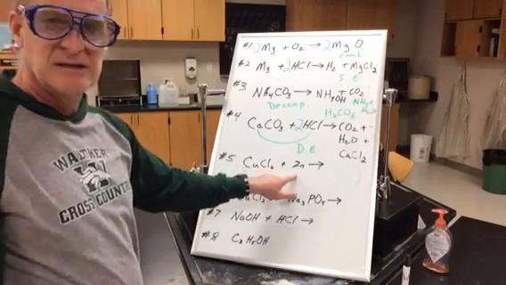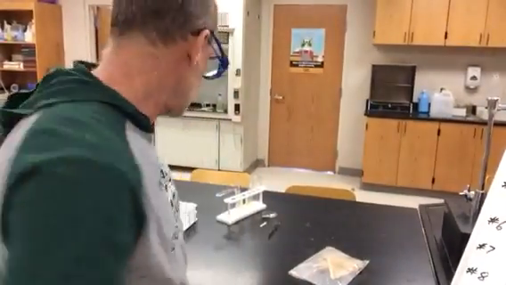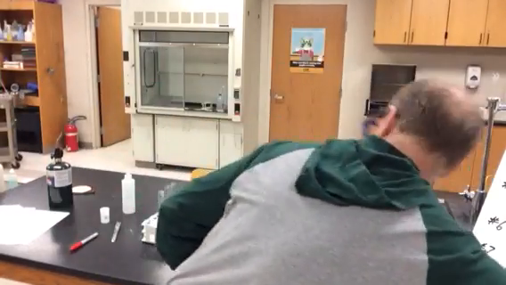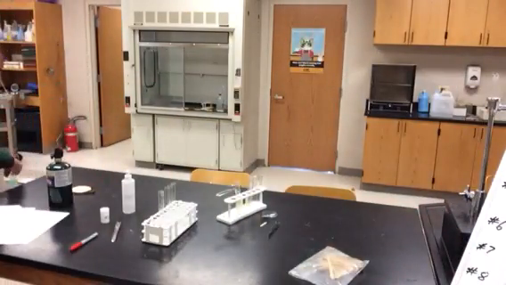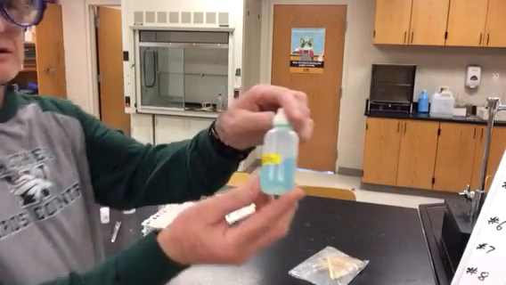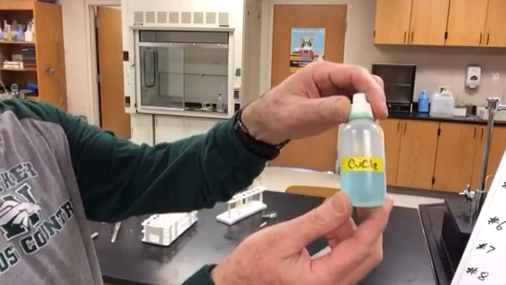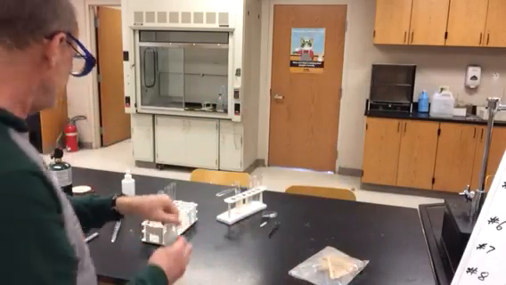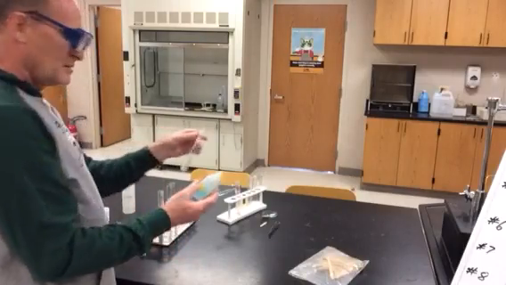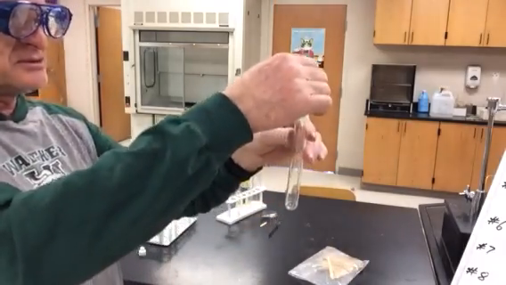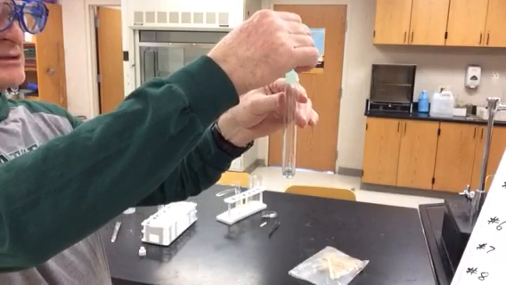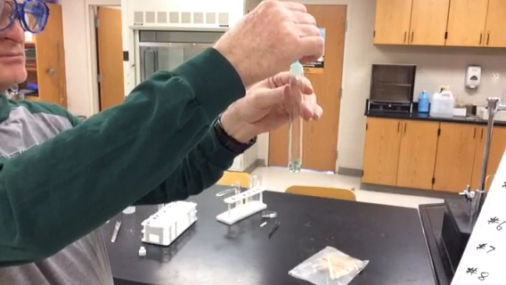Copper chloride and zinc. Let's do that reaction. So copper chloride is a blue solution, okay? And so I will take some of that and put it into a test tube.